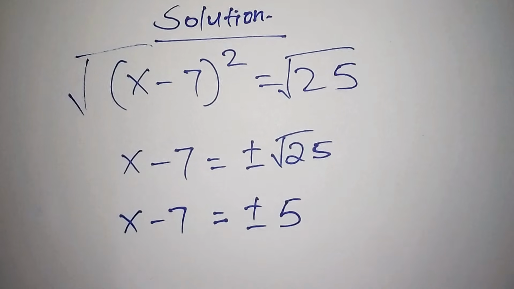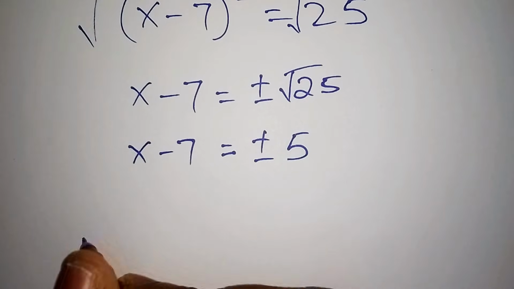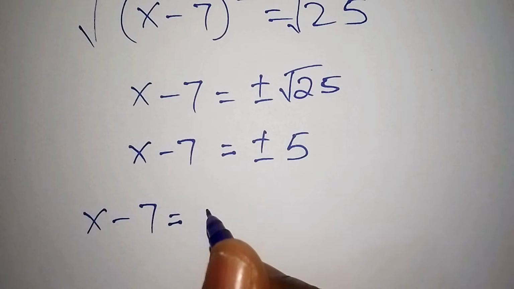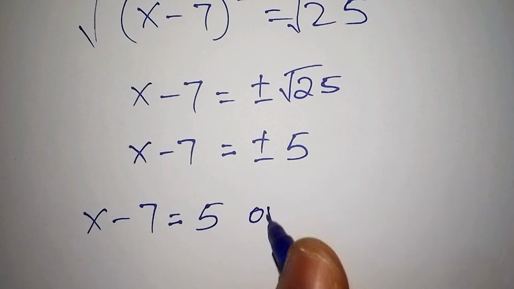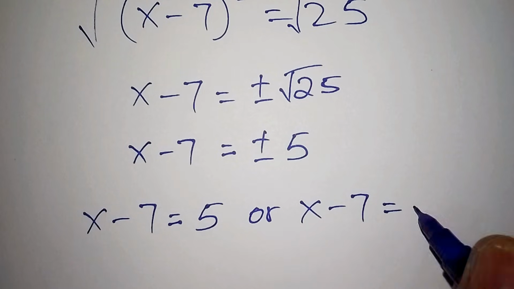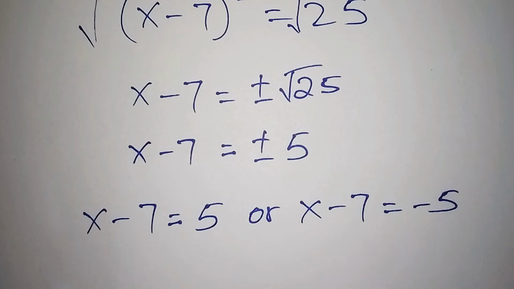From there, we say that x minus 7 is equal to plus 5, which is just 5, or x minus 7 is equal to minus 5. Meaning we now come up with two answers.